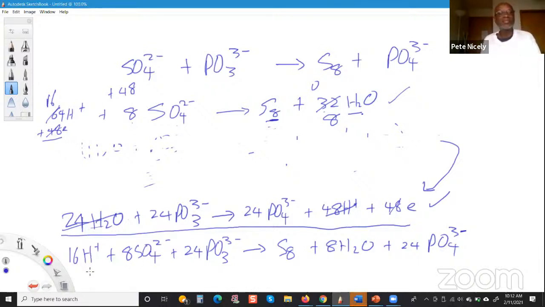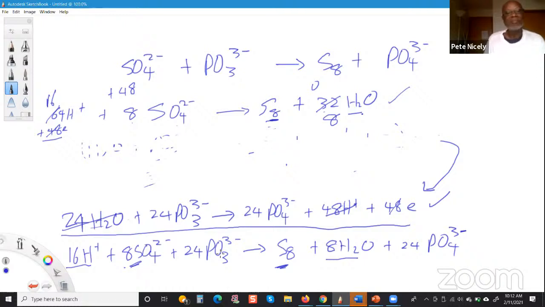And now we need to make sure that everything is balanced, as I always recommend. So 16 hydrogens here, 16 hydrogens here, 8 sulfurs here, 8 sulfurs here. Okay, as far as the oxygens are concerned, you have 8 times 4, that's 32. Let me do my calculator here. So 32 plus 24 times 3.